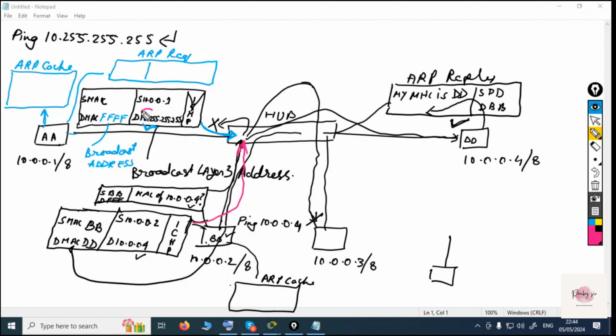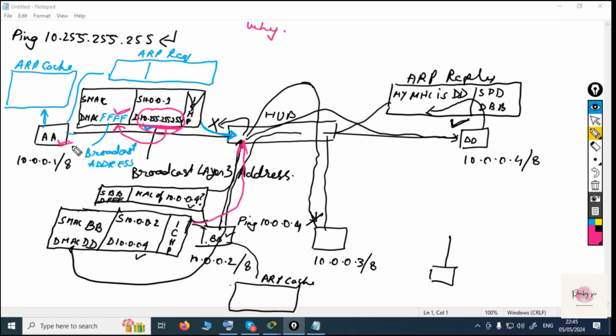For this address, it did not send an ARP request; it simply wrote the MAC address FFFFFF. Why? Because this PC knows that this is a broadcast address, and therefore we have to supply the broadcast MAC address as the layer 2 address.